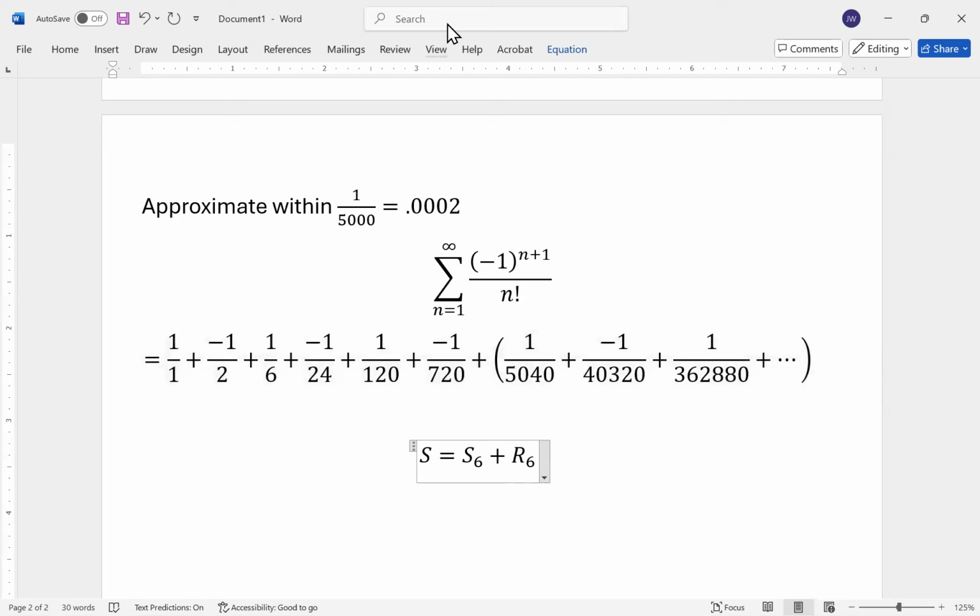And moreover, because of pairing the first two and pairing the second two, we can see this remainder is always going to be positive. And also, when I pair these two terms and then pair the next two terms, I can see that my remainder is going to be at most 1 over 5,040. So it's bounded between 0 and 1 over 5,040.